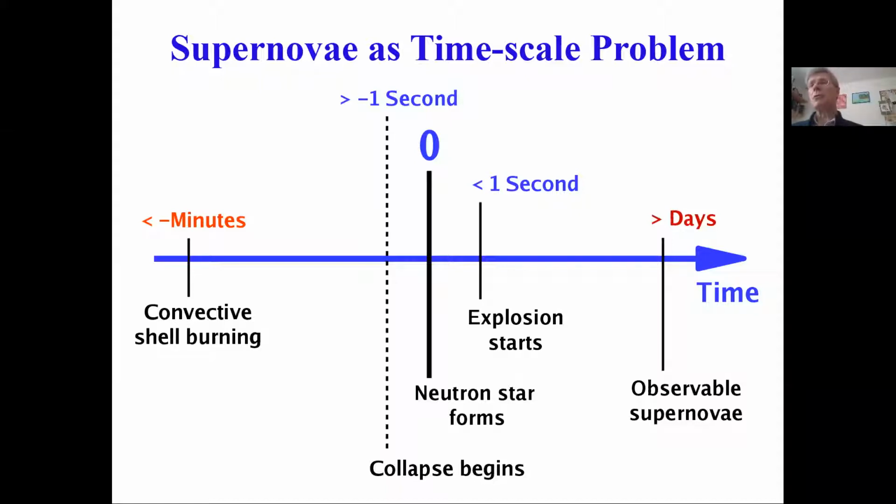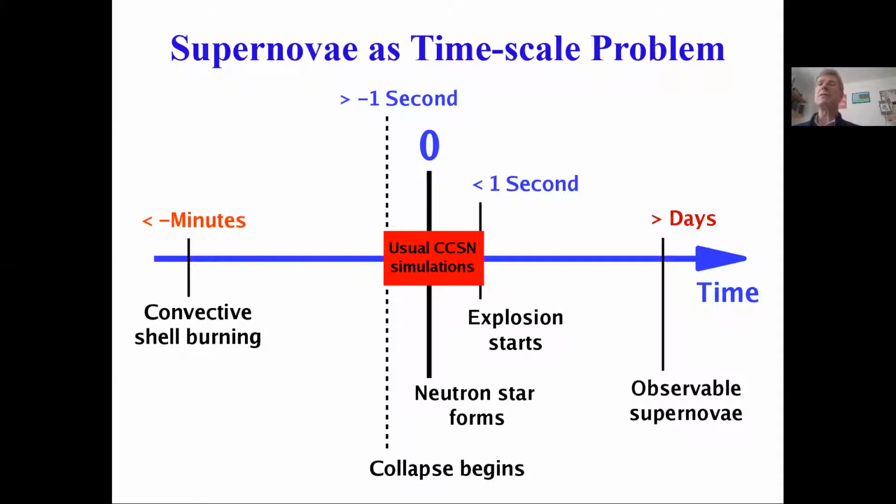But we also need to go forward in time in order to connect explosion models, models which explode due to neutrino heating, with astronomical observable supernova properties. This forward timescale is days, weeks, months actually into the developing supernova.